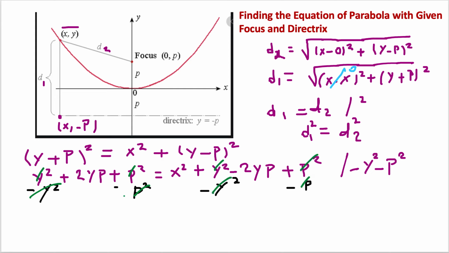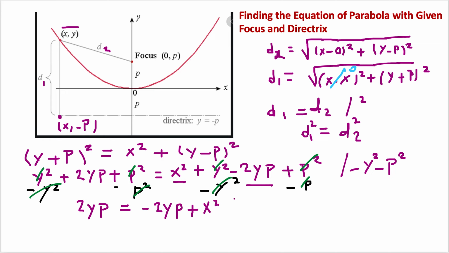Now I look at what remains: 2yp on the left is equal to minus 2yp plus x squared on the right.